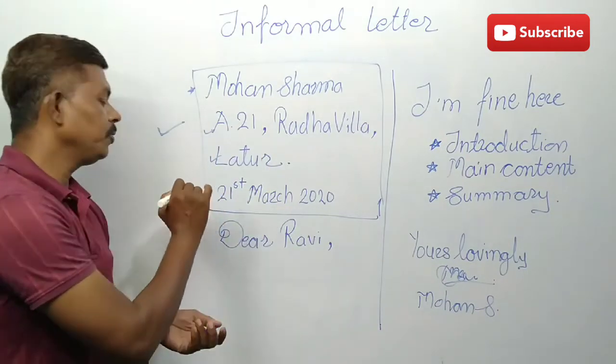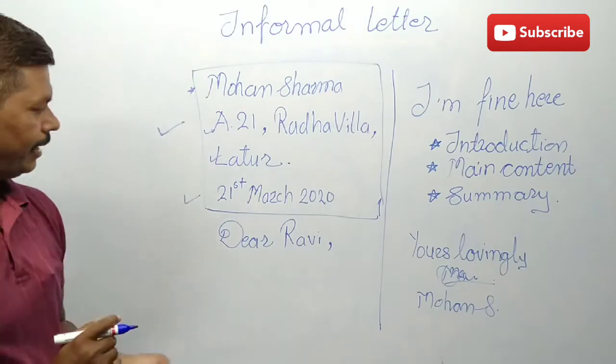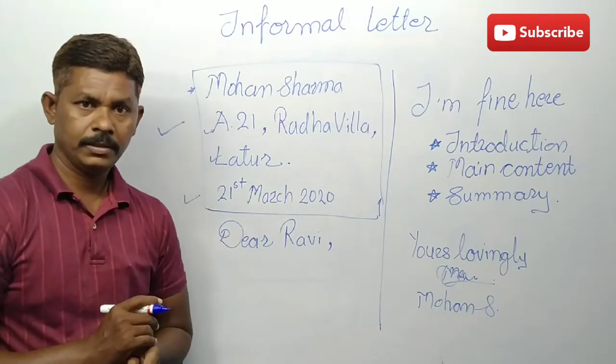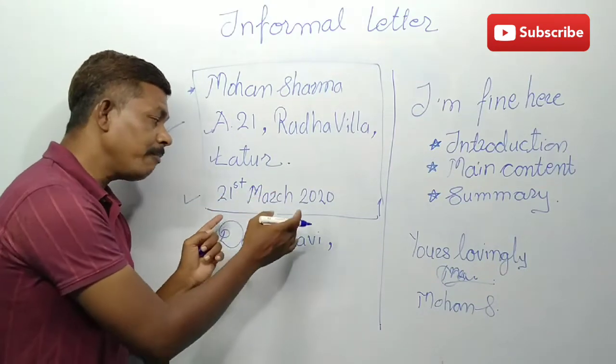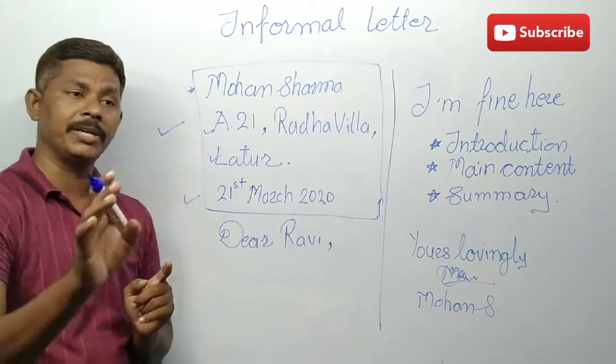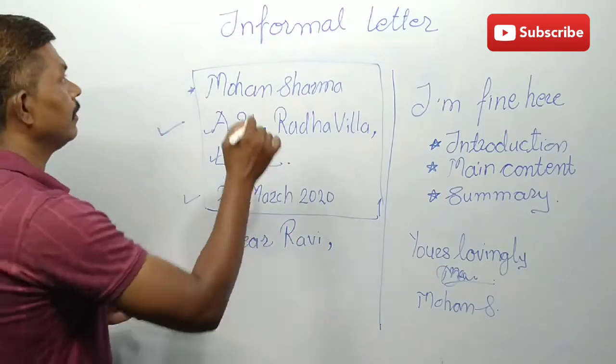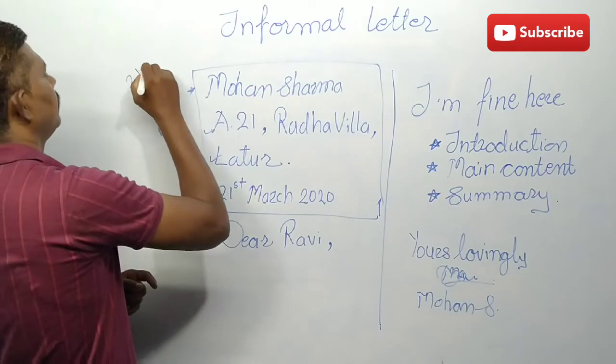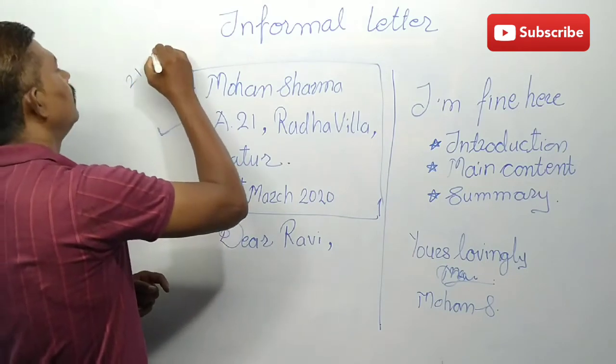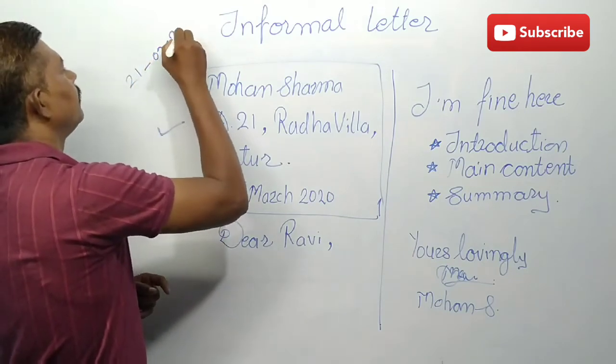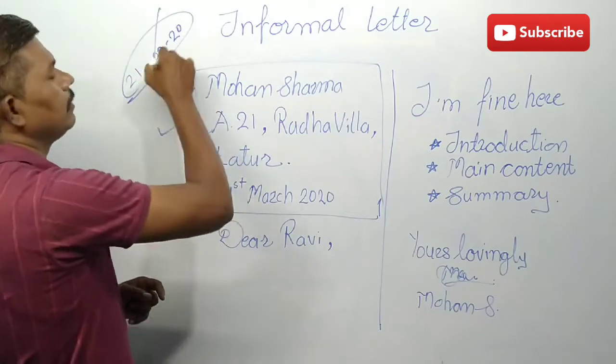One more thing should be added in the address, that is the date. Keep in mind that the format of the date should be in a particular way. You cannot write the date like 21-3-20. You cannot write in this way.